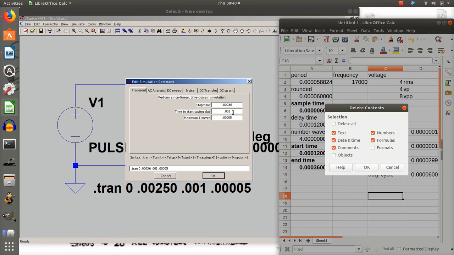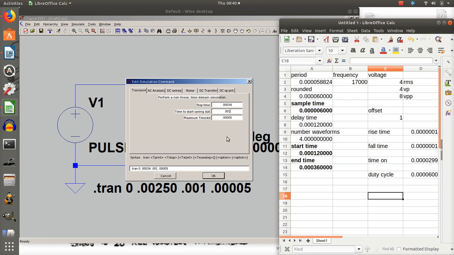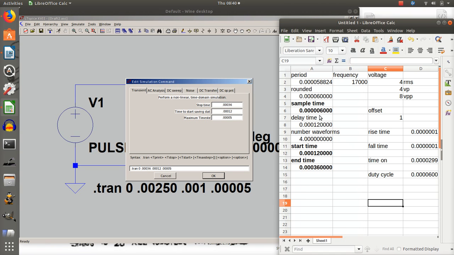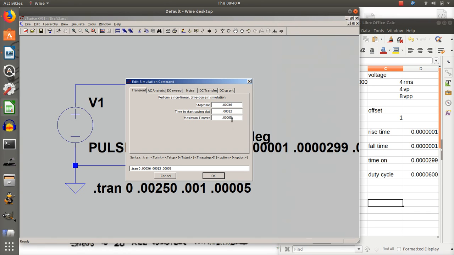So whoops. Cancel that. Click over here, backspace, 0, 1, 2. And my time per step, or my sample time, is 1, 2, 3, 4, 5 zeros and a 6. Is that right? 1, 2, 3, 4, 5 zeros and a 6.